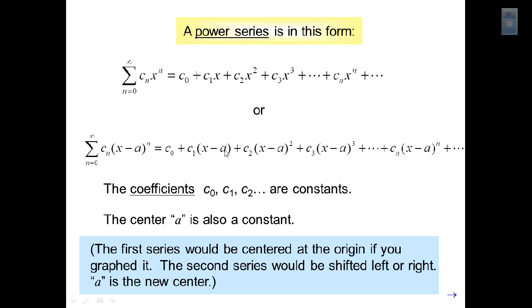Left-right shifts are going to go opposite whatever this sign is. So if this is minus 2, it's going to shift 2 units to the right. If this is plus 5, you're going to shift 5 units to the left because it's minus a negative 5. So we're literally looking at what value a is with that minus in front of it. It changes it.